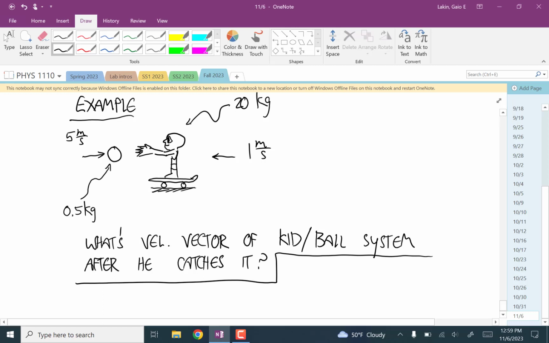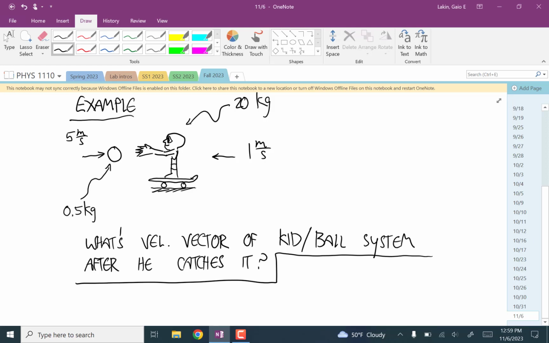In this case, though, there's no net external force on the kid because there's a gravity force and a normal force, like you said. But there is a net force on the ball. So in this view, we actually can't use conservation of linear momentum, but we can take a top view and do it because then the weight force acts into the page. Are you with me on that?